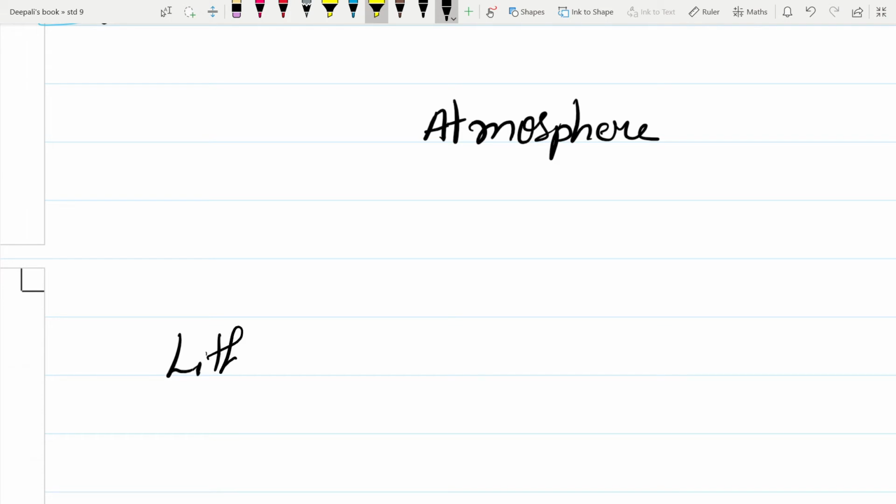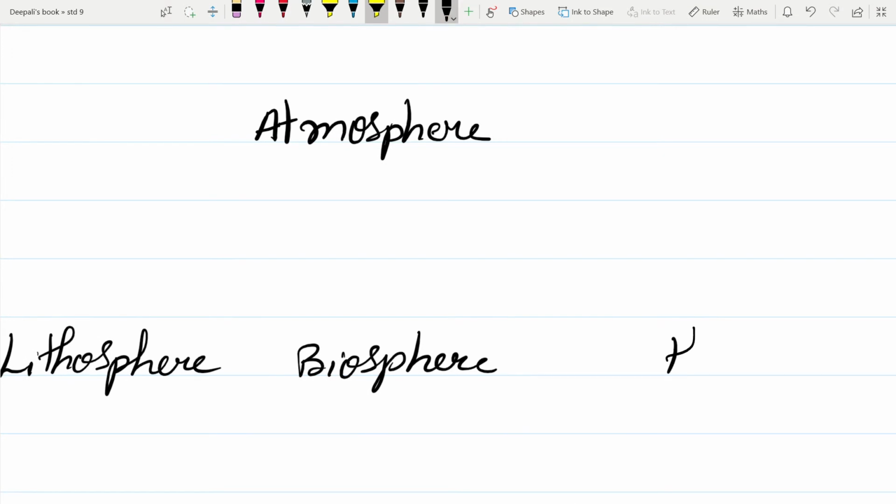Always remember, you need to know the movement of the water or the component and the spheres through which it is flowing. So, if we try to summarize this, then we know that there are four spheres, that is atmosphere, lithosphere, biosphere, and hydrosphere.